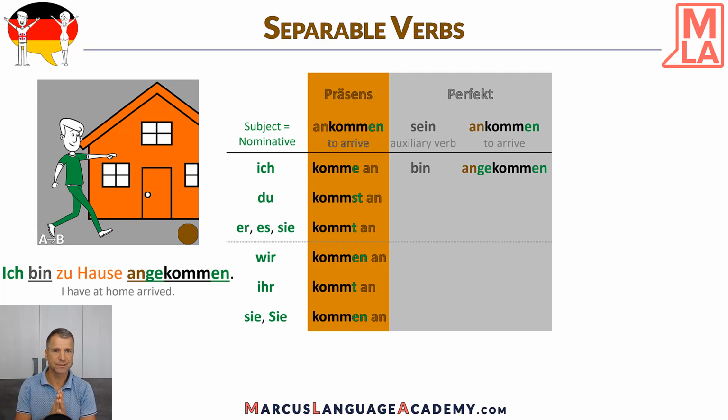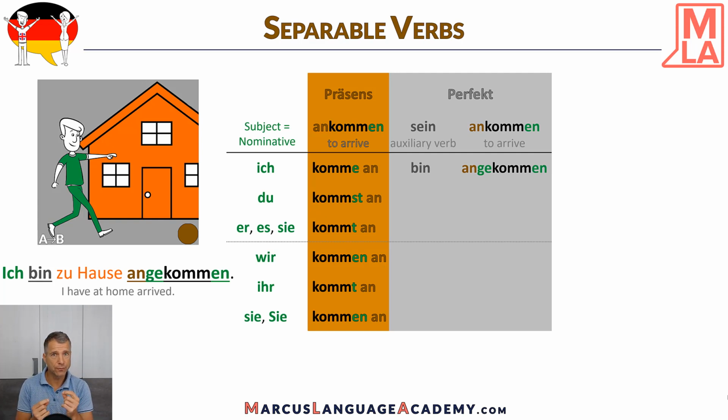That's quite interesting, because remember, the participle normally takes ge as a prefix to form the participle. But in this case we already have a prefix that separates, and the ge inserts between the prefix and the main verb. So in this case the participle is angekommen.